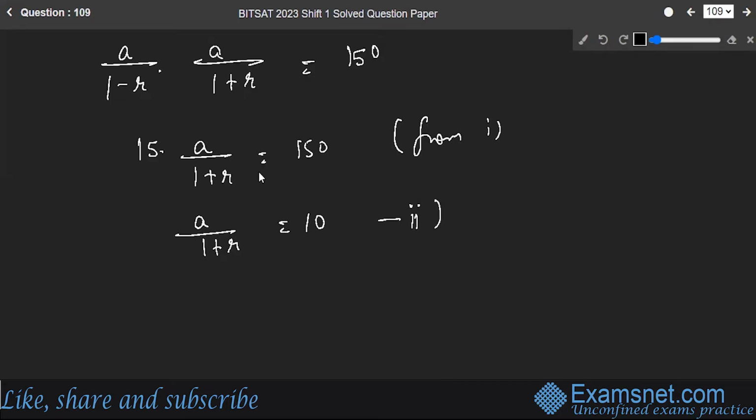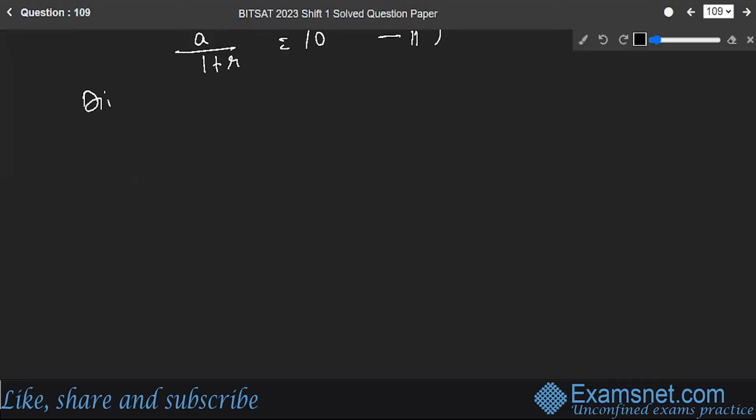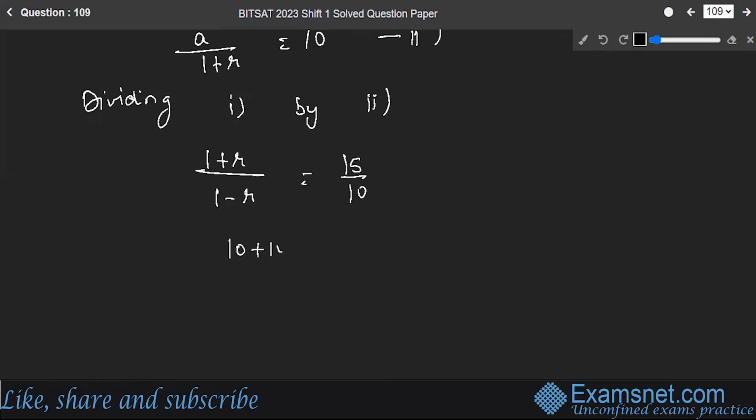Now dividing equation 1 by 2, you will have 1 plus r upon 1 minus r is equal to 15 by 10, or 10 plus 10r is equal to 15 minus 15r. Okay, then you have 25r is equal to 5, or you have r is equal to 1 by 5.